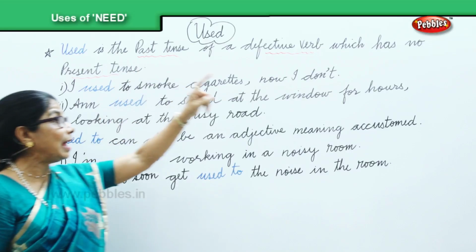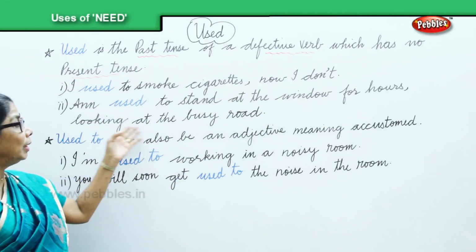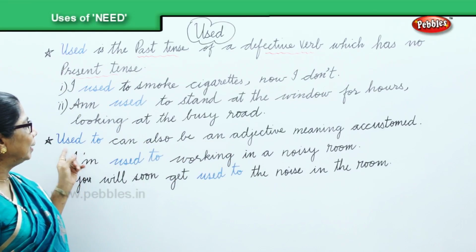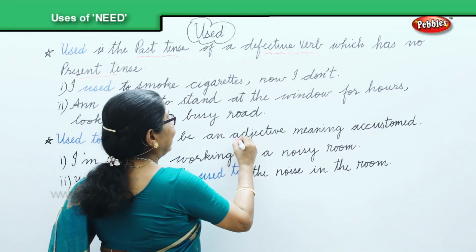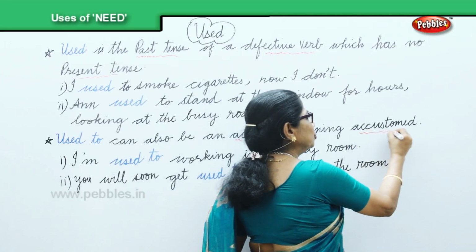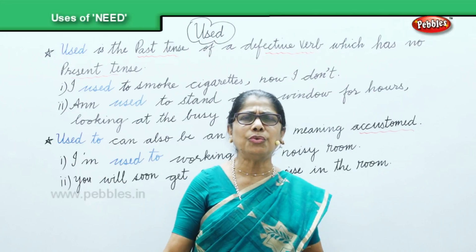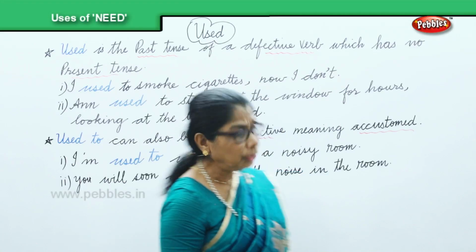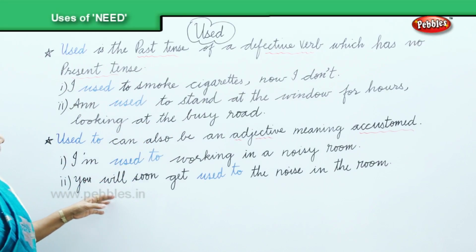Anne used to stand at the window for hours looking at the busy road. In the second part, used to can also be an adjective meaning accustomed, getting used to, you're used to. Noise of children, neat room or crowded place. So, accustomed, here it is used as an adjective.